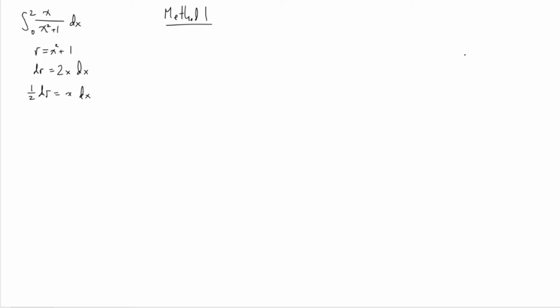It says that you already know how to compute definite integrals. To do it, you compute the indefinite integral, and then you evaluate at the endpoints. And so, using substitution, the indefinite integral of x over x squared plus 1 with respect to x is equal to the integral of 1 over r, that's the 1 over x squared plus 1, and what's left is x dx, and that's equal to 1/2 times dr. And so we get 1/2 times the integral of 1 over r dr. That's an easy integral.